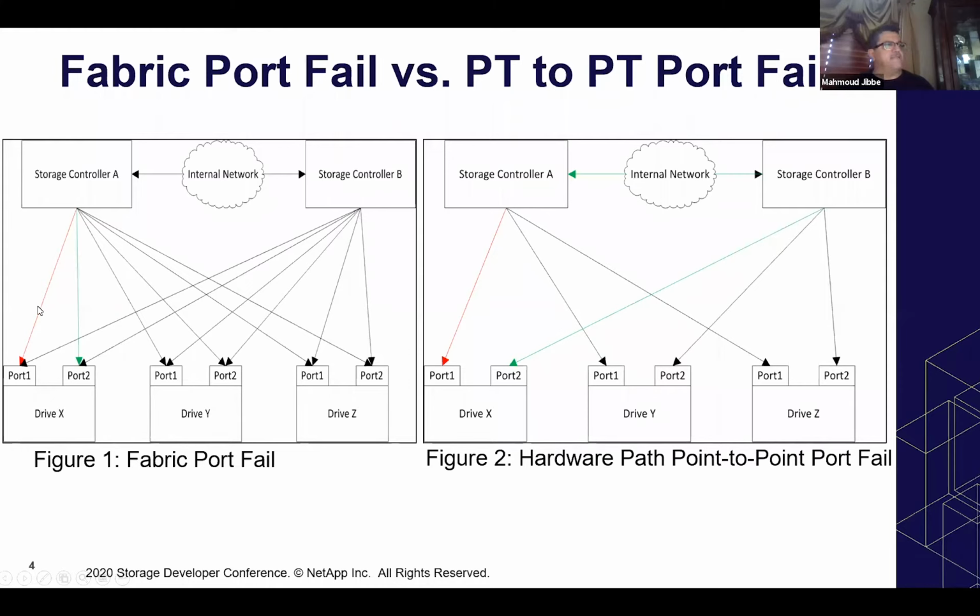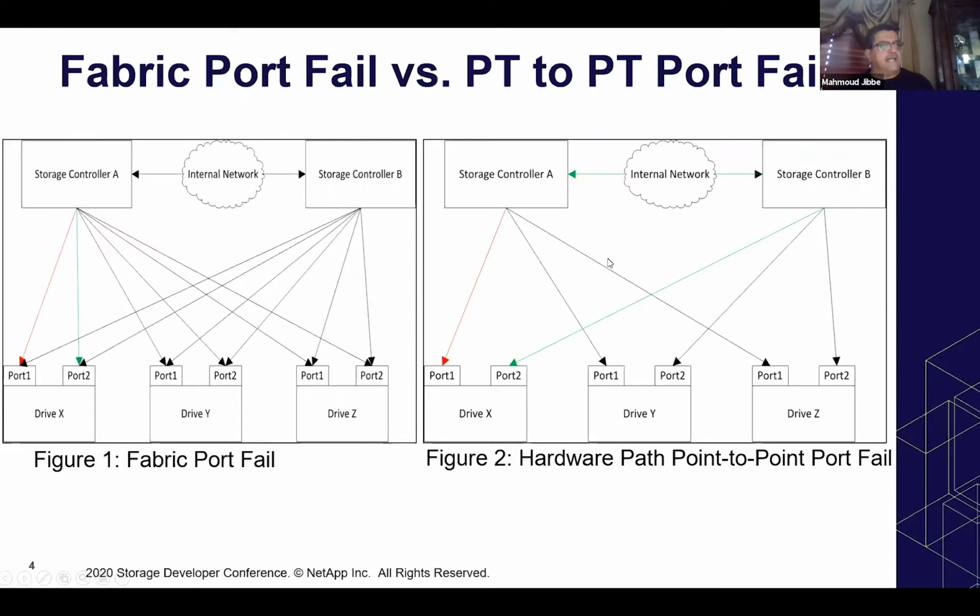So in case the red path fails, then A will be able to access the same drive via the green path. Such channels will add cost to the drive, and this is what the method of this paper is going to address.